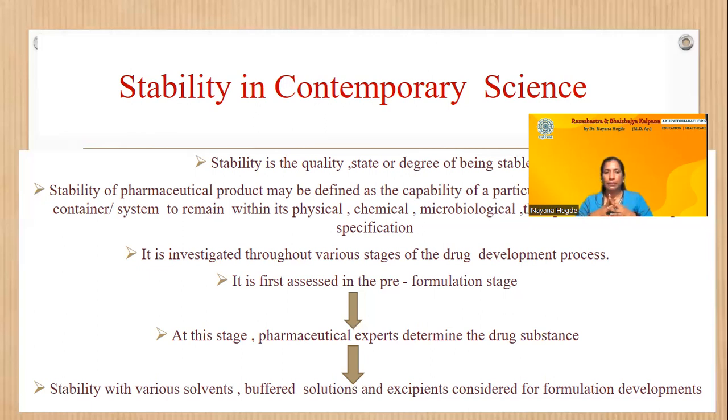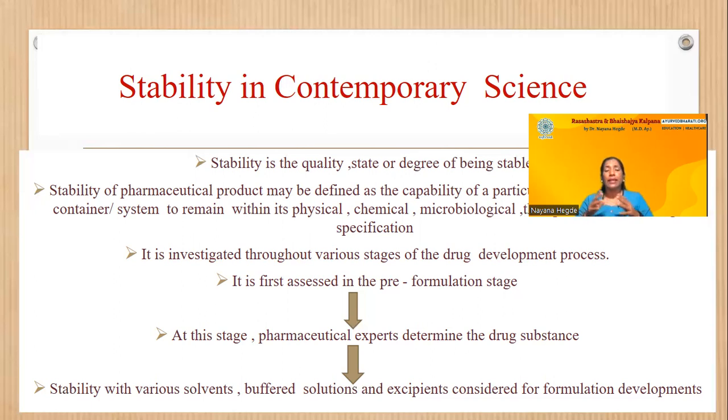In the later stage, the stability of the drug substance with the different solvents, different buffered solutions, and with the different excipients, how it reacts, they'll determine. Means in the pre-formulation stage, they have to investigate.